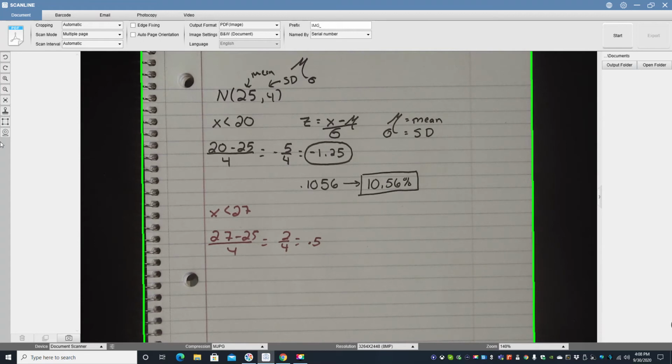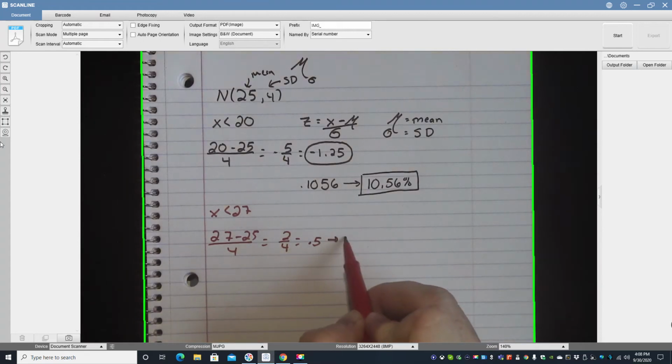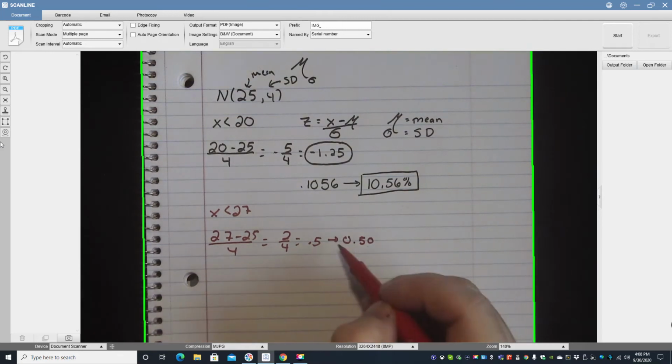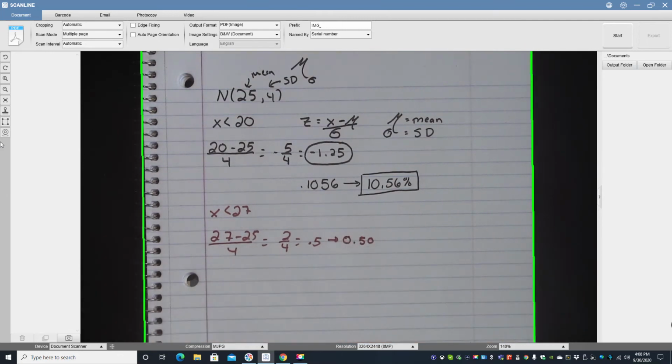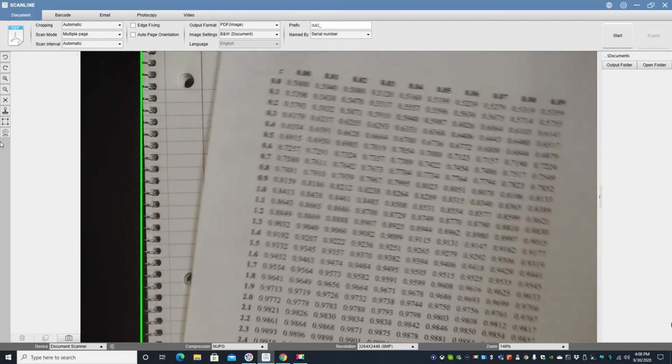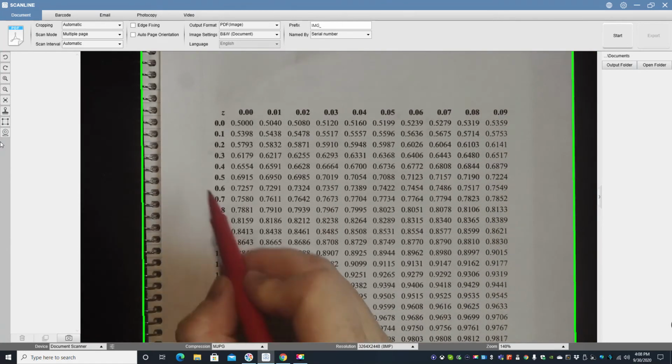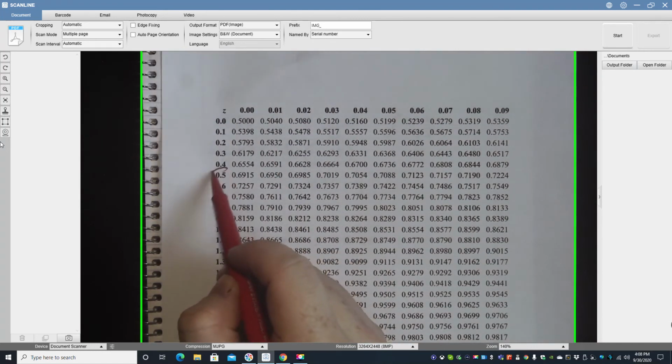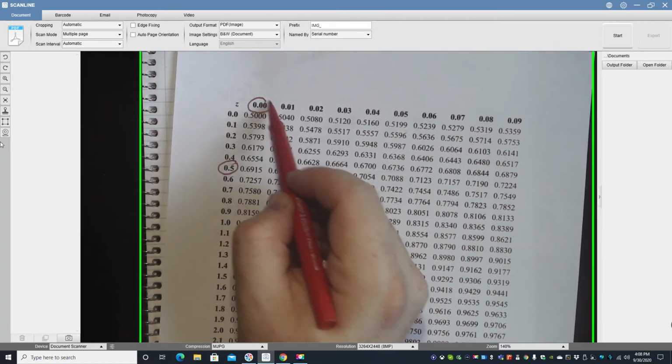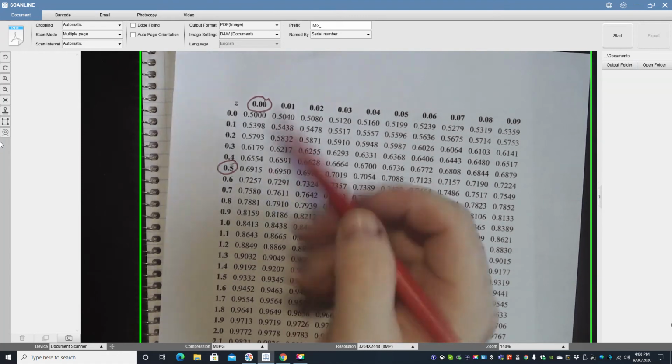Now I want to change this to 0.50, because I want a number in front of the decimal and 2 digits after. If I go look at my z-score chart, I find 0.5 and 0, and that gives me 0.6915.